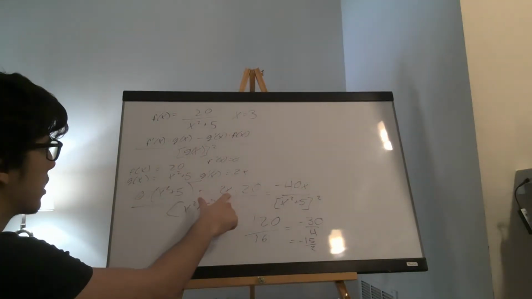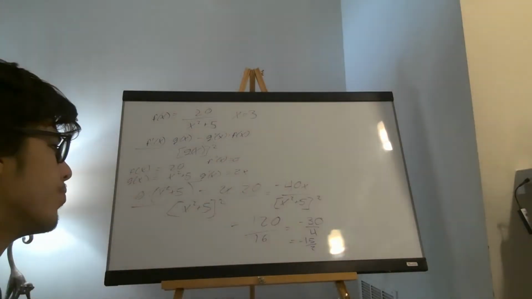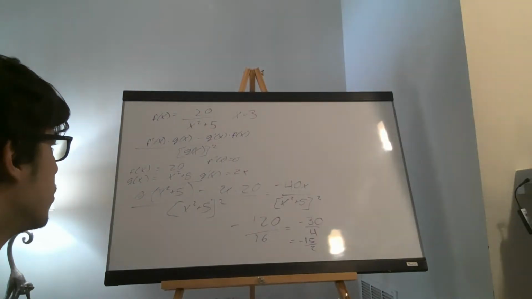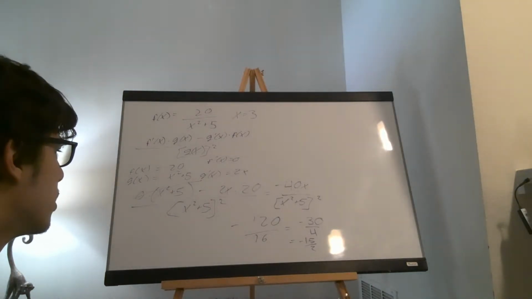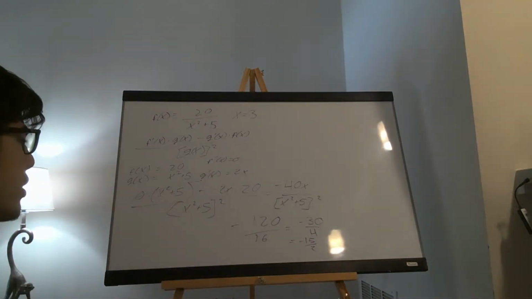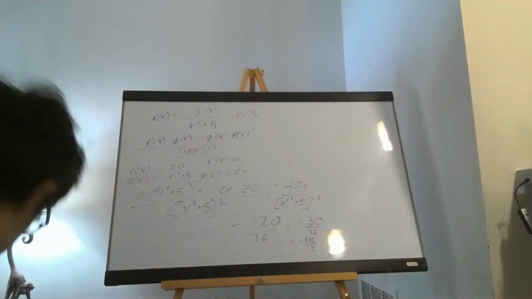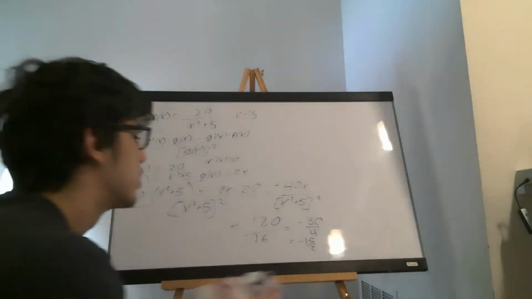G prime of x, f of x, 20, all over that. So let's see what happens when we plug in 3. So 3 plus 9. Oh, there it is, mistake. There it is. My handwriting was the error.